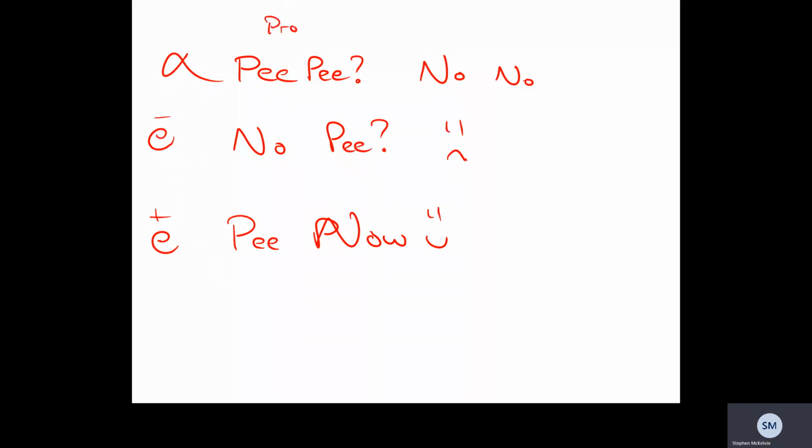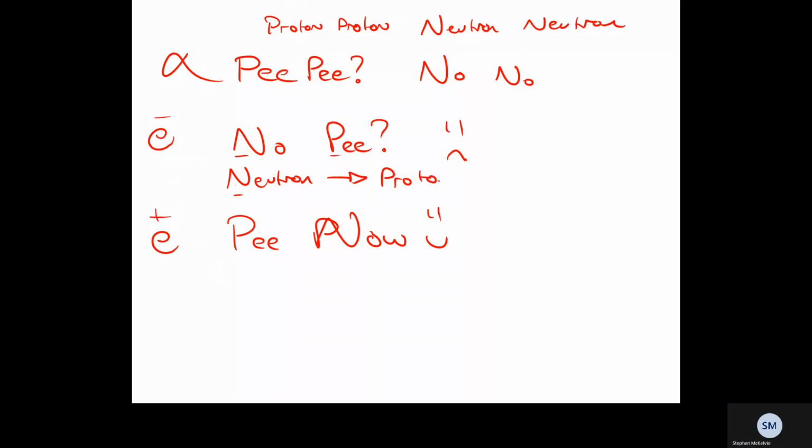2 protons and 2 neutrons released make alpha radiation. When a neutron, N for neutron, N for no, turns into a P for proton, it releases a negative particle, beta negative radiation.